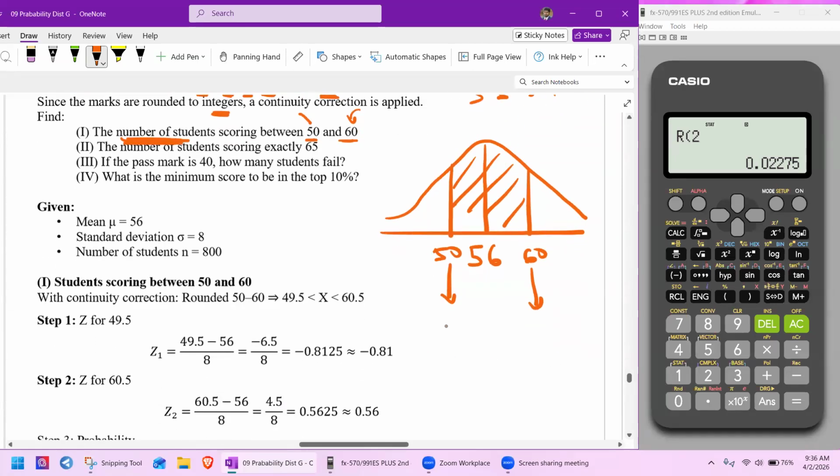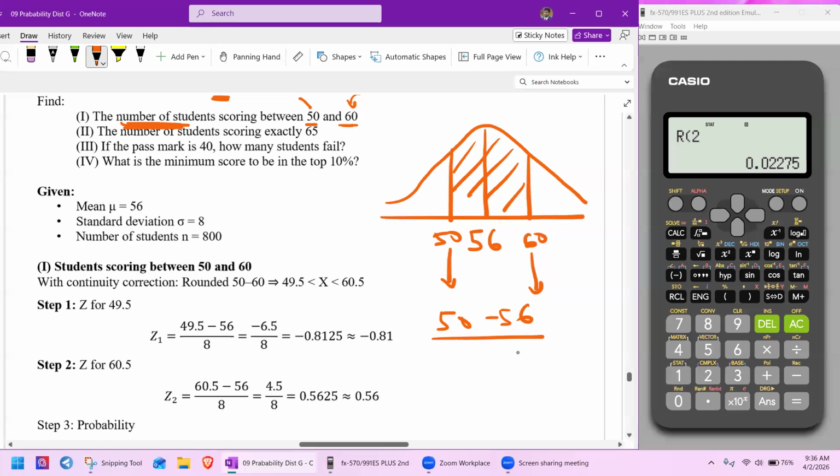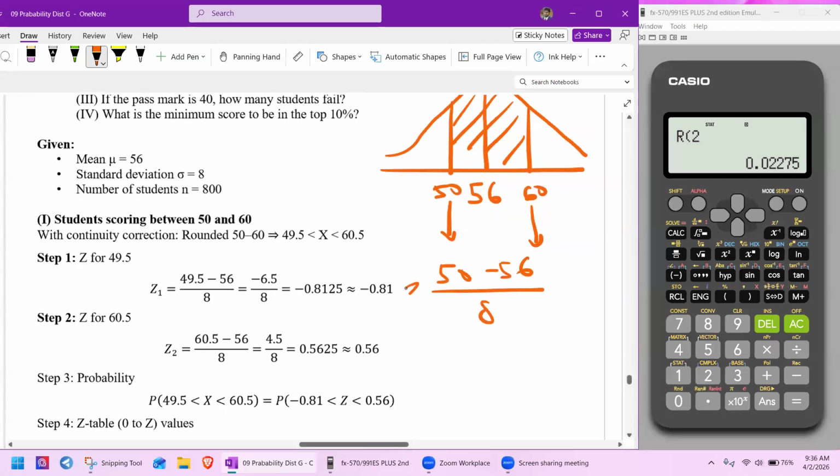If we convert into Z, here X is 50 minus 56, over standard deviation 8, which gives 6 over 8. But remember, we are dealing with a continuous variable.